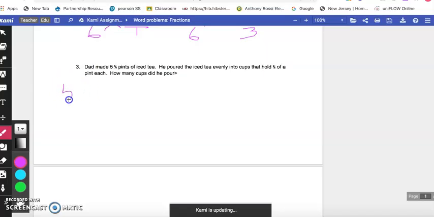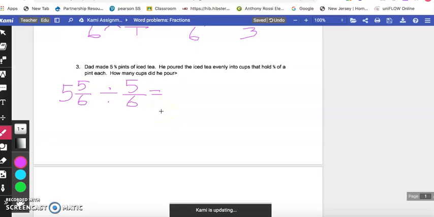So my first number is going to be 5 5/6. And I am dividing that by 5/6 because each cup holds 5/6 of a pint. And I want to know how many cups I'm going to be able to pour.